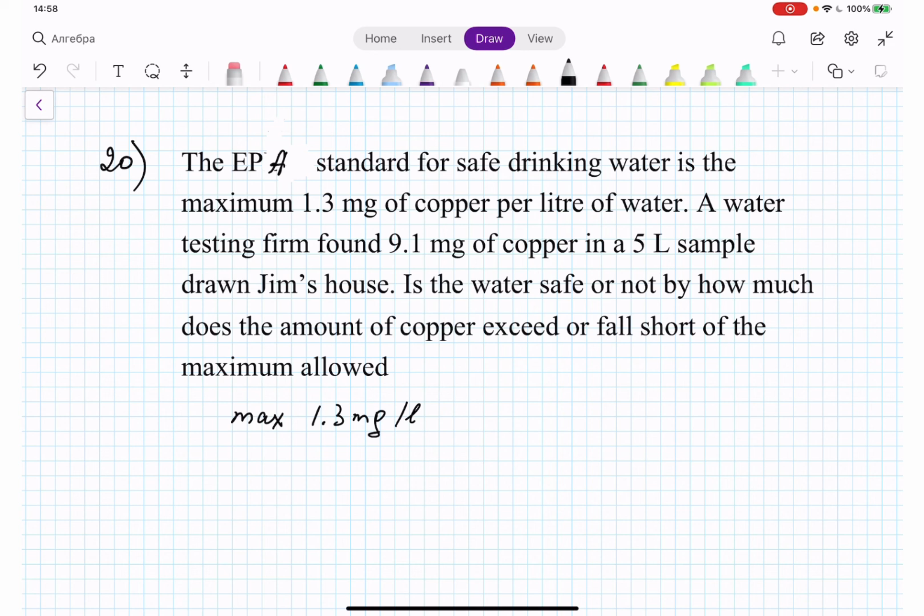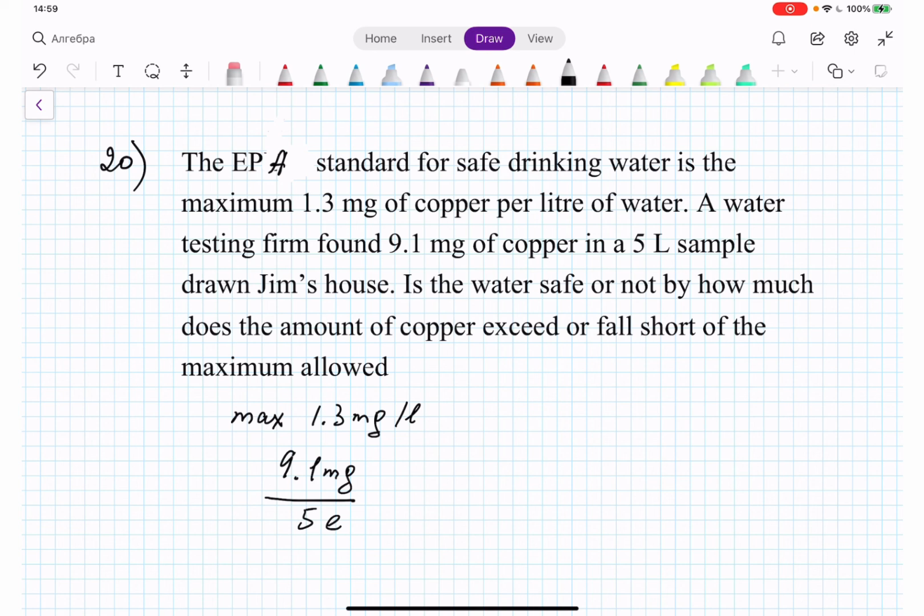A water testing firm found 9.1 milligrams in 5 liters, a sample drawn from Jim's house.